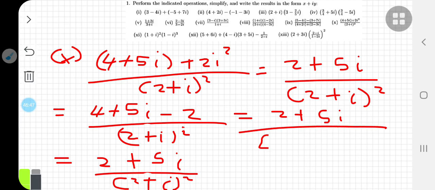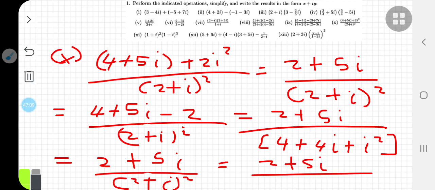4 plus 4i and plus i squared, like that. And from here I'm going to have 2 plus 5i over, so here it's just going to be 4 minus 1 from this part, then plus 4i, like that.